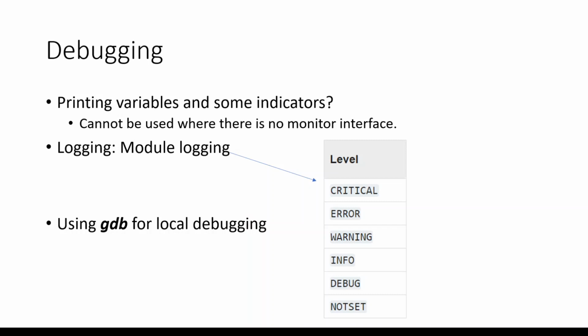So this Python program won't be run on a visible shell. That means it will be in the background. So you cannot log into a screen and see all the print statements, because print will be printed only on the console.